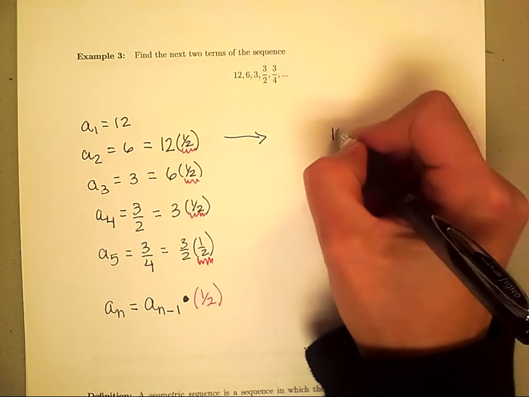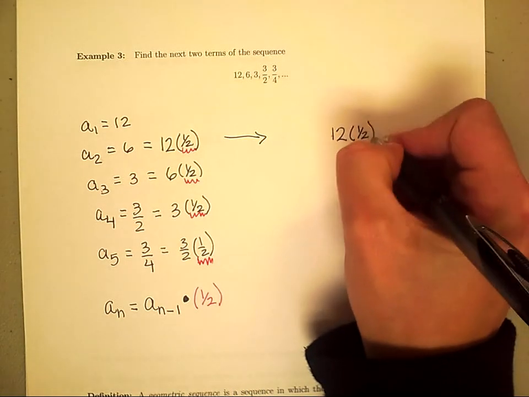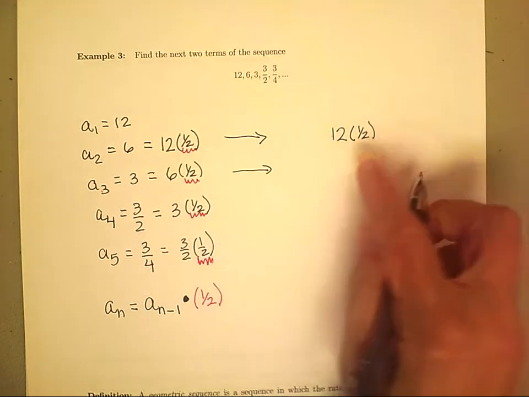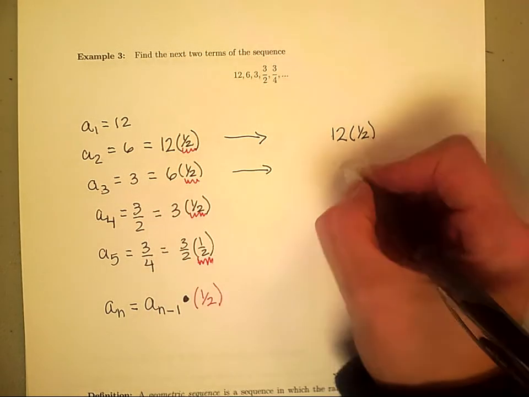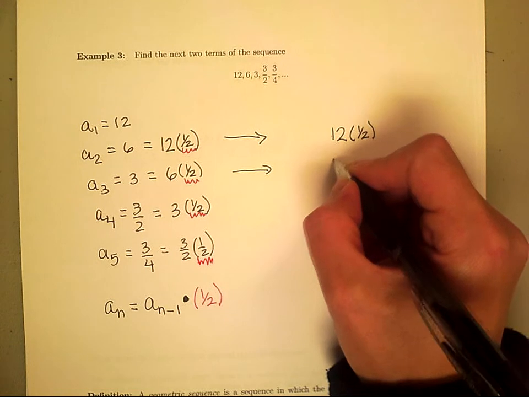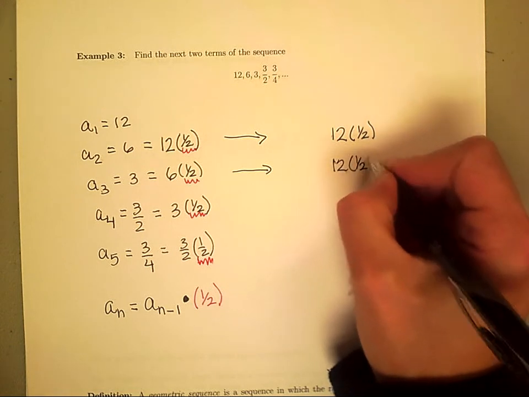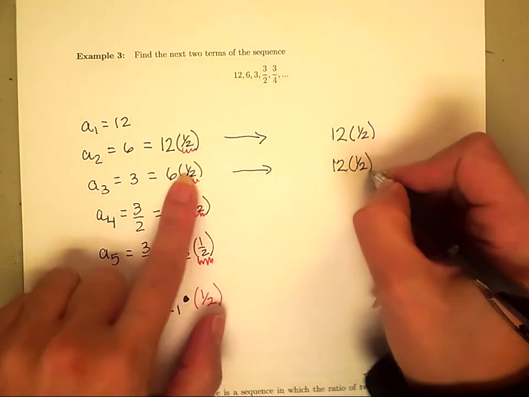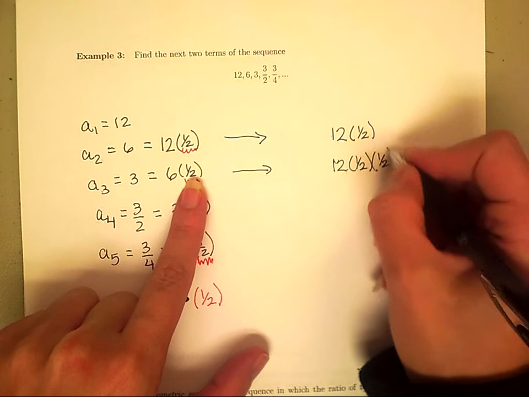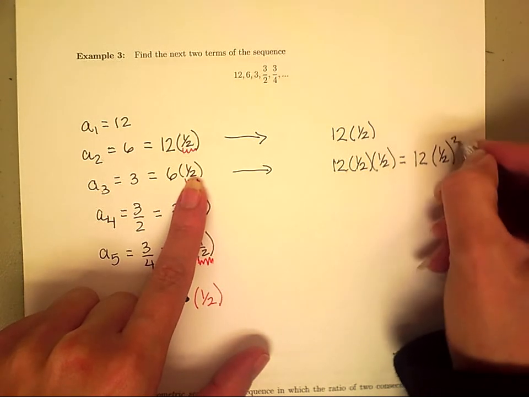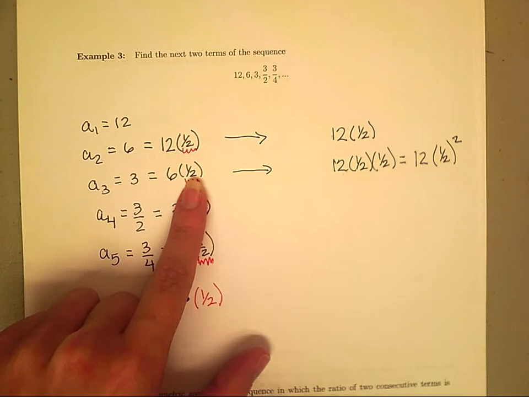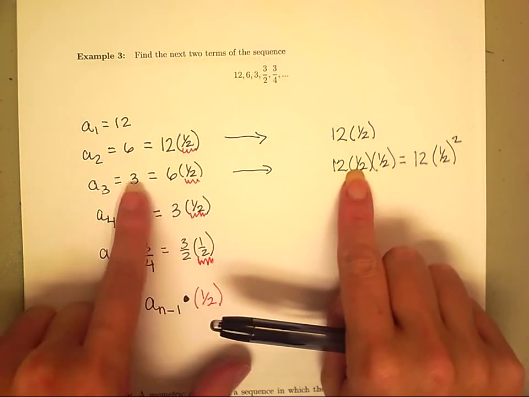This is 12 times 1/2. But 12 times 1/2 is 6. The next one is 6 times 1/2. So I could rewrite 6 as 12 times 1/2 times the additional 1/2. So this is really 12 times 1/2 squared.